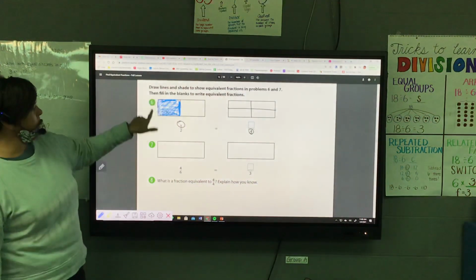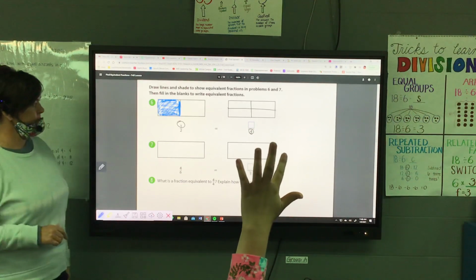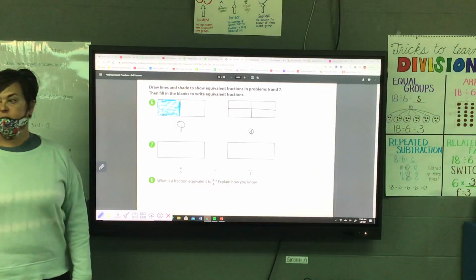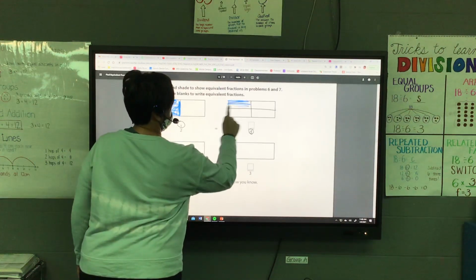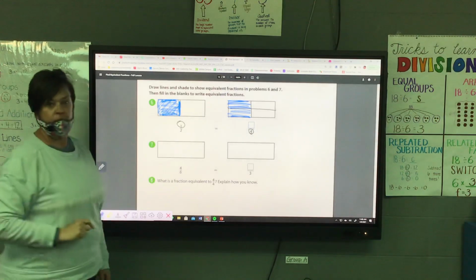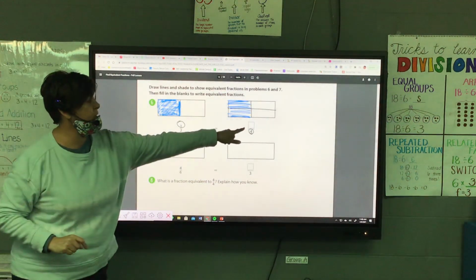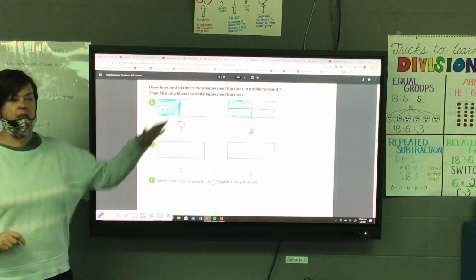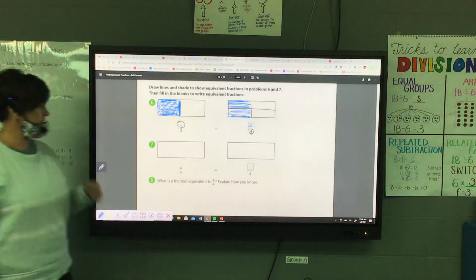So that it's the same amount as that one. It has to be equal to it. Jenny? Do you agree with her? Yes. If we color in this 1 and this 2, is that the same on both sides? Yes. So what's our fraction going to be over here? How many fourths? 2 fourths.